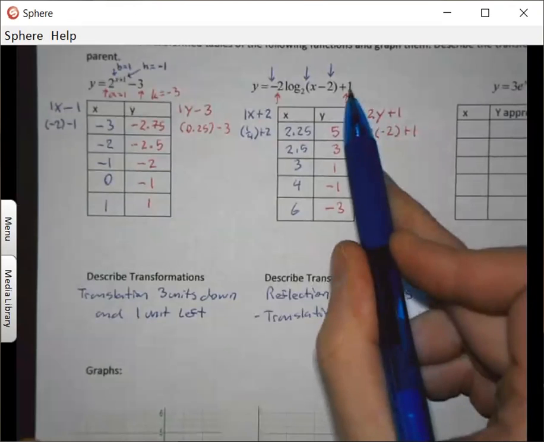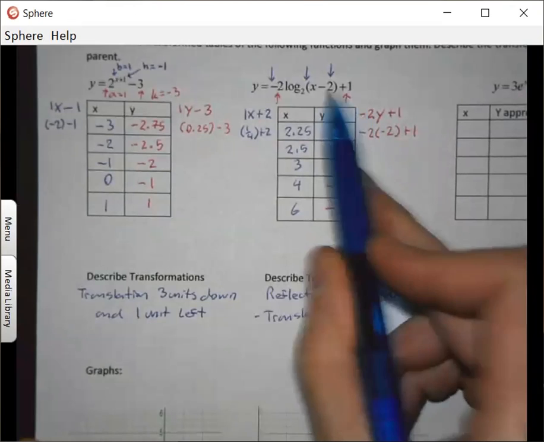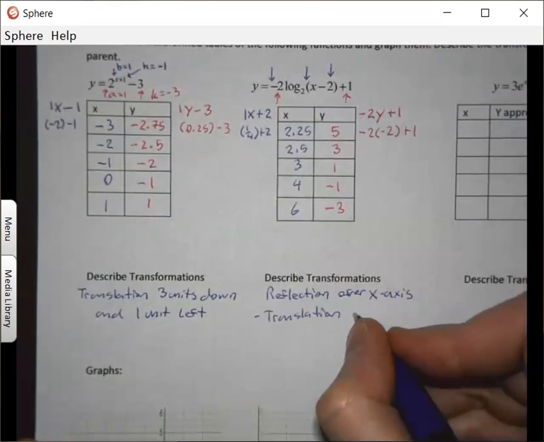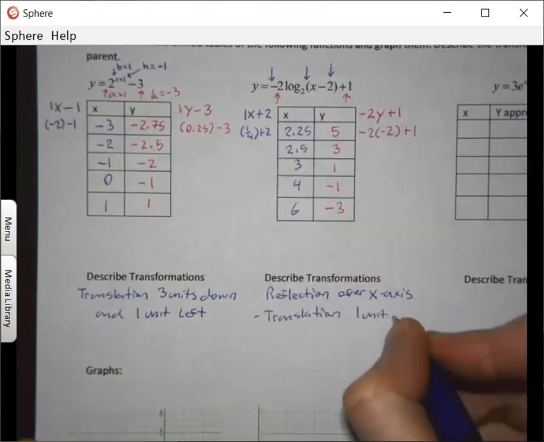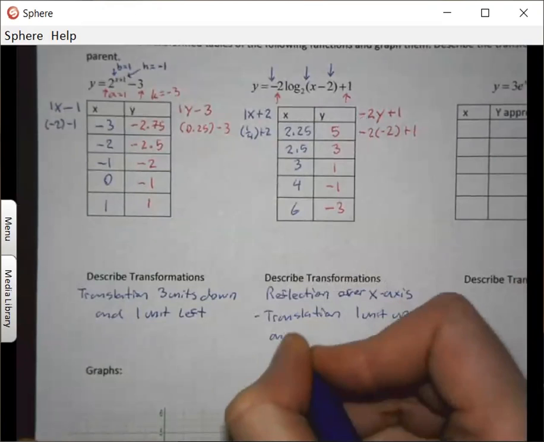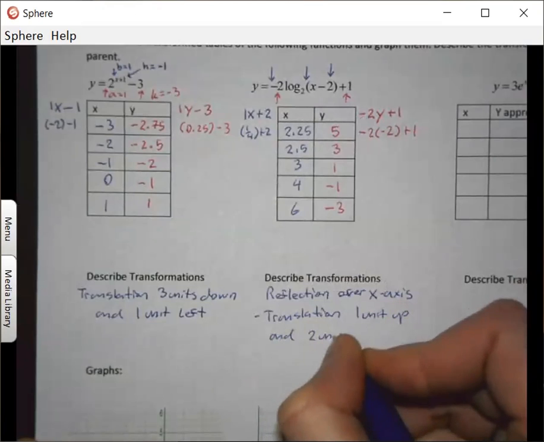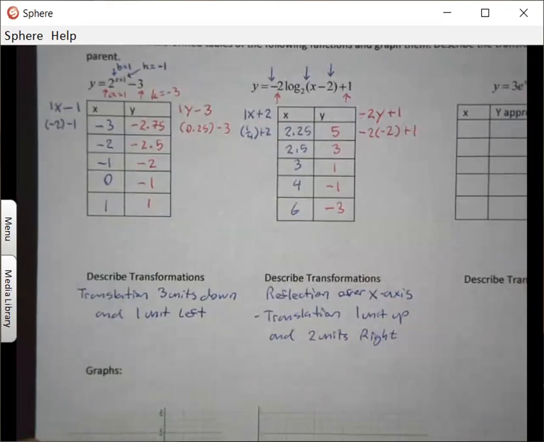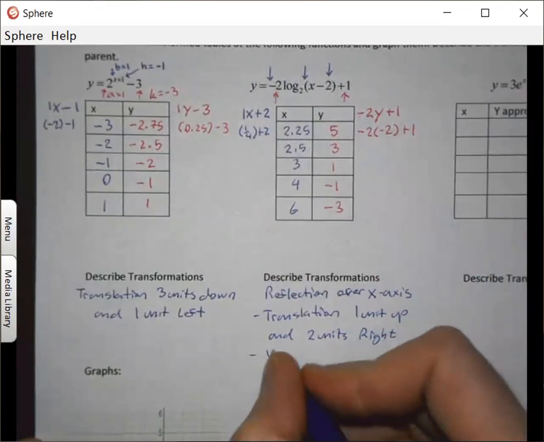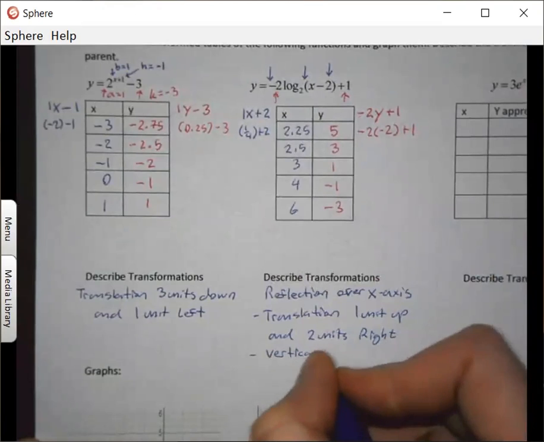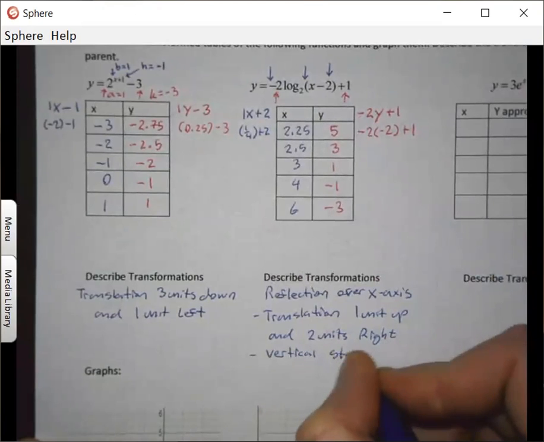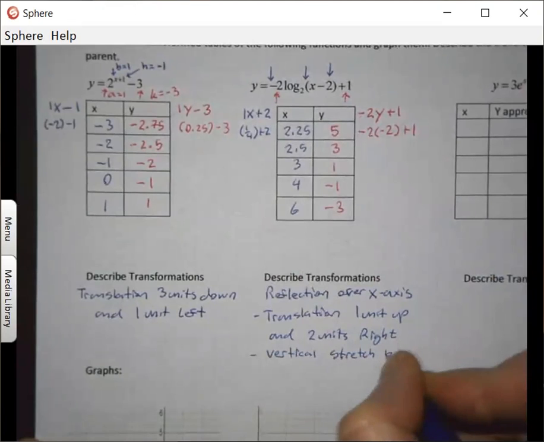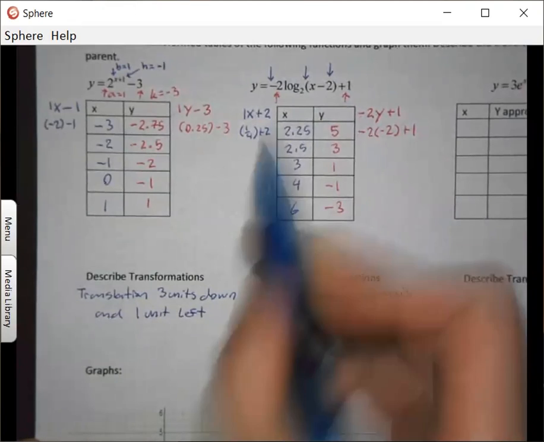So 1 unit up, 2 units right. And this time we also have a vertical stretch by a factor of 2.